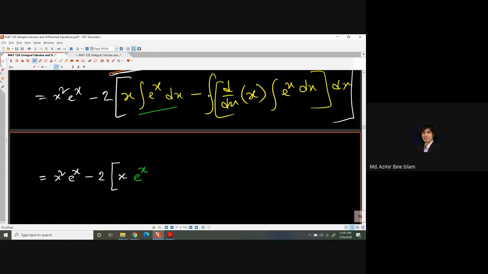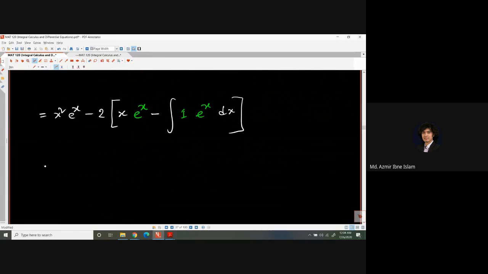Now we have negative, so negative, there is an integral sign here, differentiation of x in terms of x, that is actually 1, and integration of e power x is giving us e power x. We have dx here and there is a square bracket.